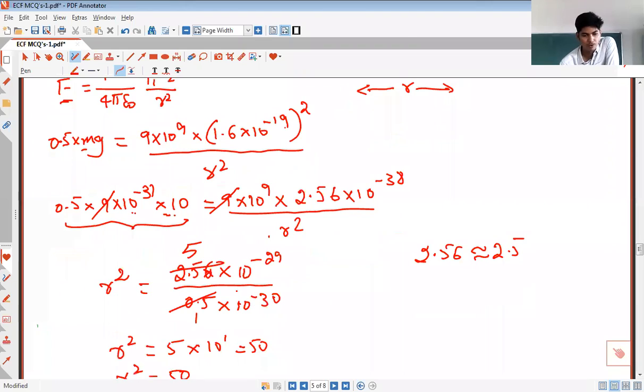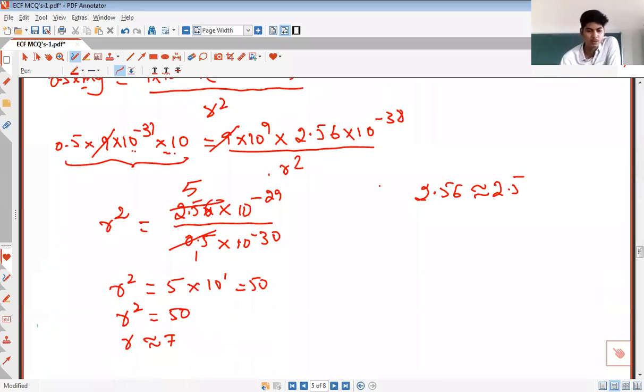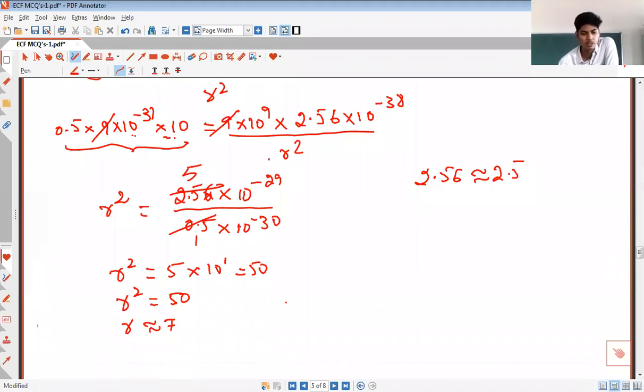So 0.5 times 5 will be 2.5. 5 into 10 to the power of 1, which is nothing but 50. So r must be nearly 7 meters. Is this problem clear?